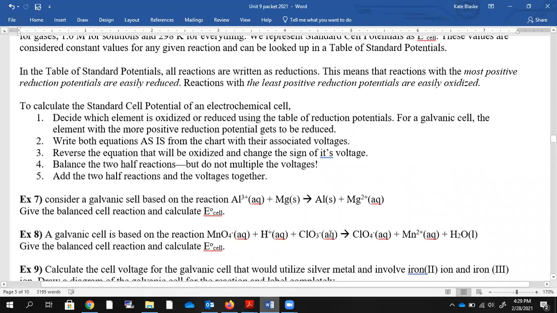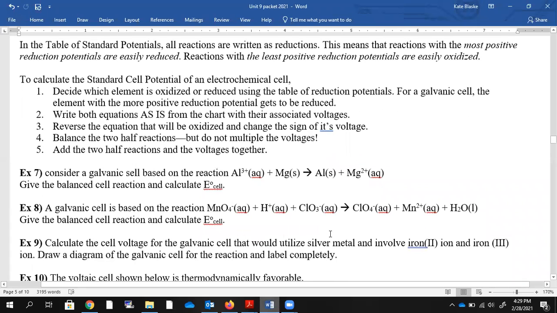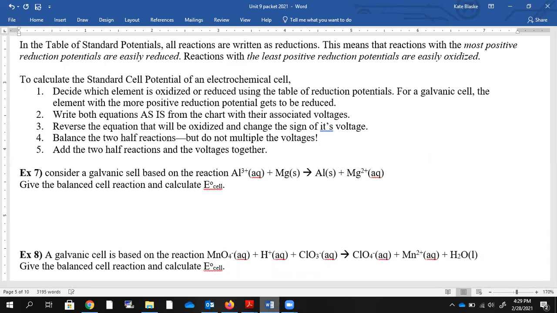When we have two half reactions, we can look up those two half reactions on our chart and identify what's going on. So here for number 7, I've got the equation, actually it's not balanced, of aluminum +3 plus magnesium going to aluminum and magnesium +2. So I can write this out as our two half reactions, just as we were doing before. I've got aluminum +3 going to aluminum.